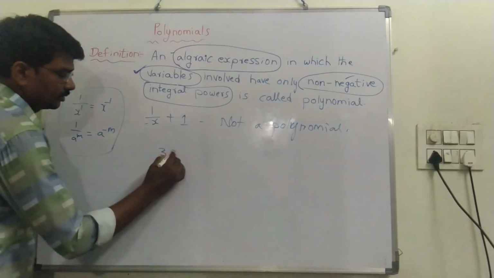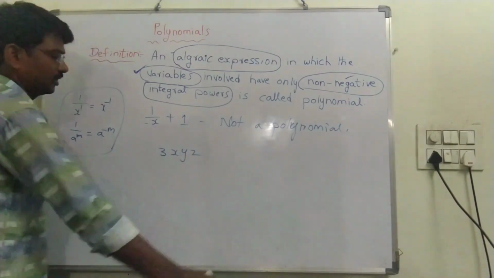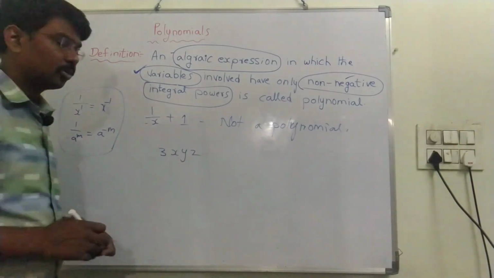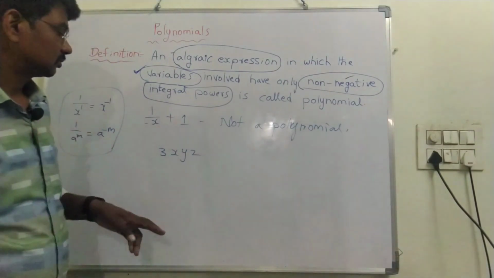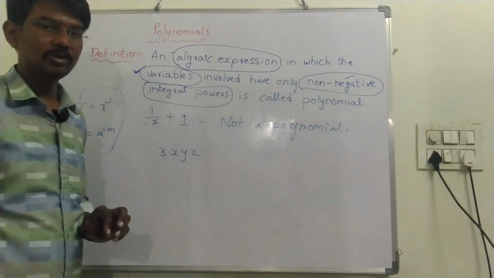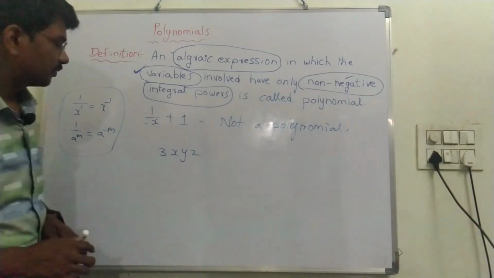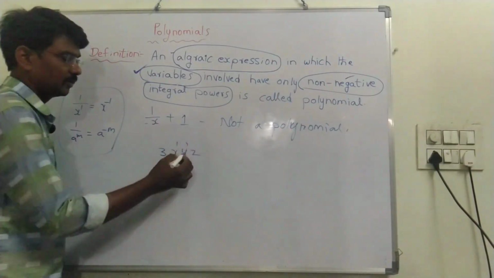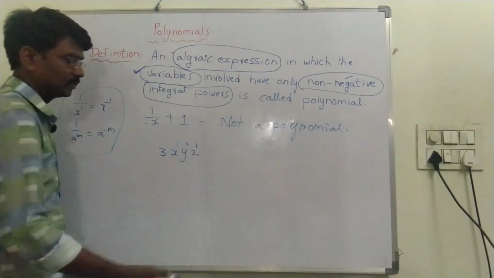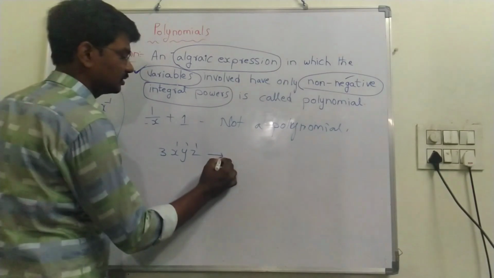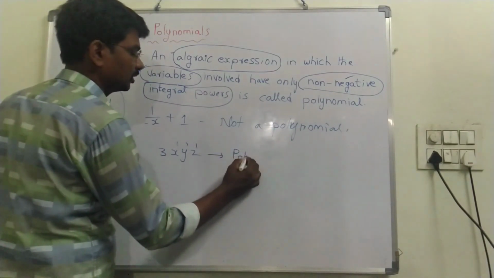Next, 3 x y z. How many variables here? 1, 2, 3. 3 variables. What is the power of x? 1. What is the power of y? 1. What is the power of z? 1. So positive or negative? Positive. So this is a polynomial.